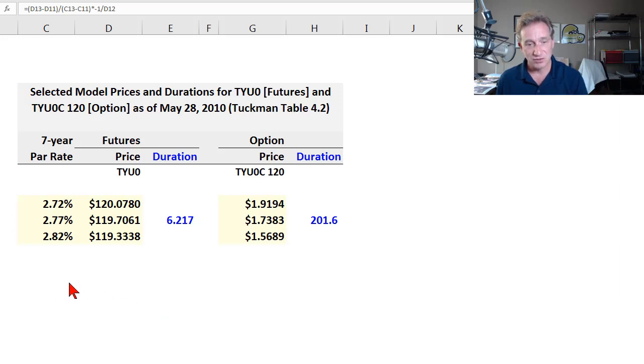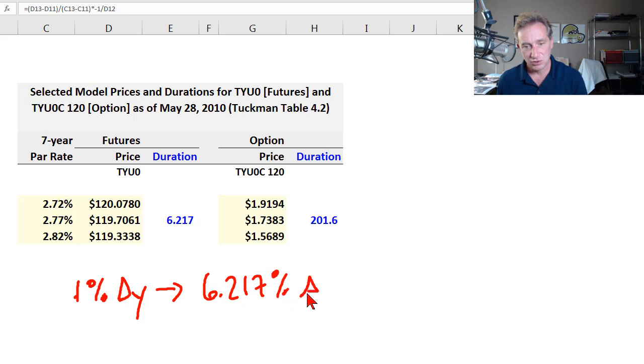And we would interpret that just like we interpret a modified duration, which is to say that for every 1% change in yield, we expect approximately a 6.217% change in the price, right? Percentage change in the price.